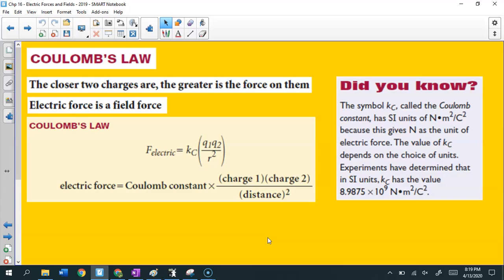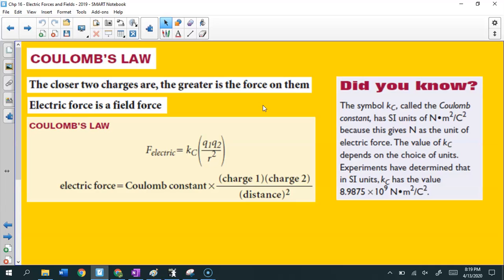This again goes into your blue formula sheet, and this is called Coulomb's law. All right. And Coulomb's law basically says that the closer two things are, the greater the force is going to be on them. This is very much similar to Newton's law, where he talked about a certain force that exists between two planets.